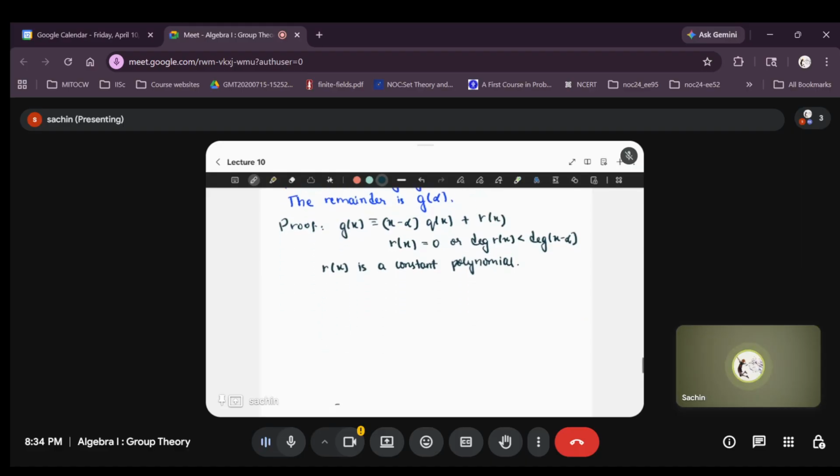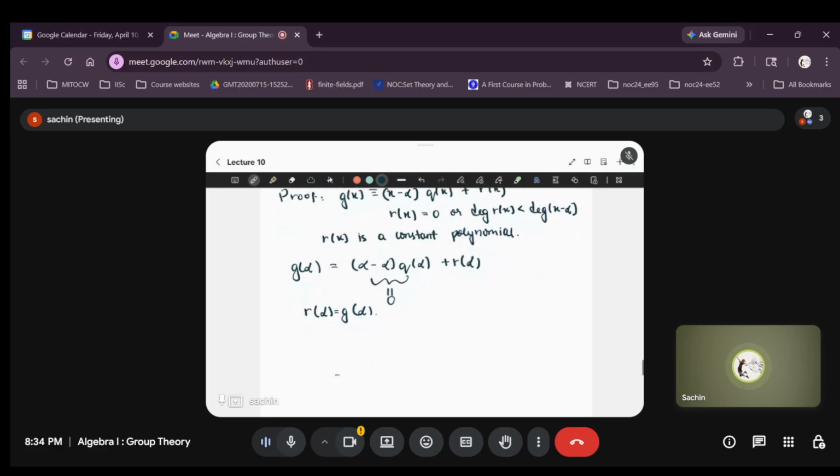So substitute alpha in place of x. What will you get? You will get g of alpha equals alpha minus alpha into q of alpha plus r of alpha. But alpha minus alpha is 0. So r of alpha is equal to g of alpha. But remember r of x is a constant.